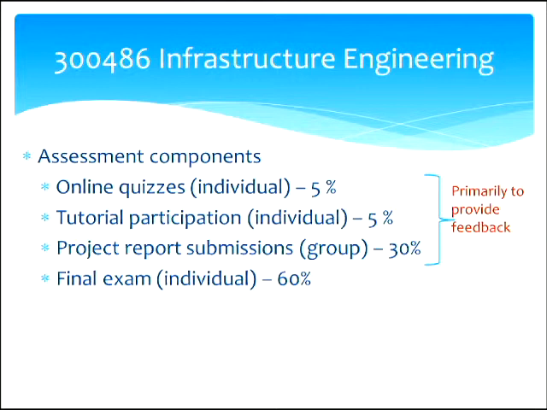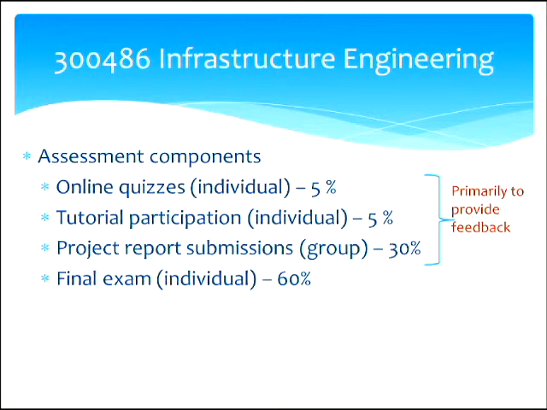I set up the assessment this way: the online quizzes were 5%, tutorial participation was 5%, and then of course we had the project reports and the final exam, which are 30% and 60% respectively. So the online quizzes and tutorial participation have equal weighting, 5% each.